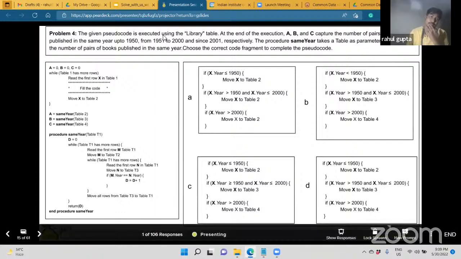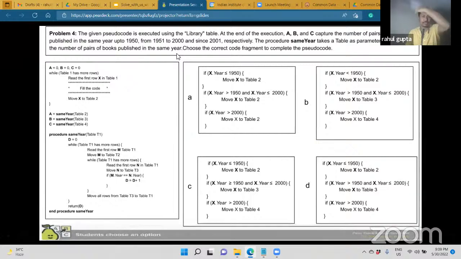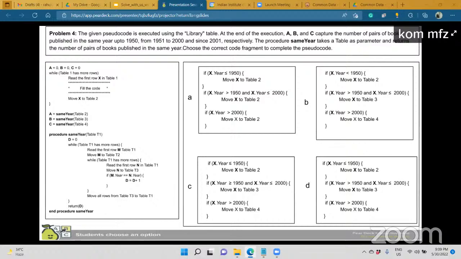Question number 4. Let's see. Number of pair of books.